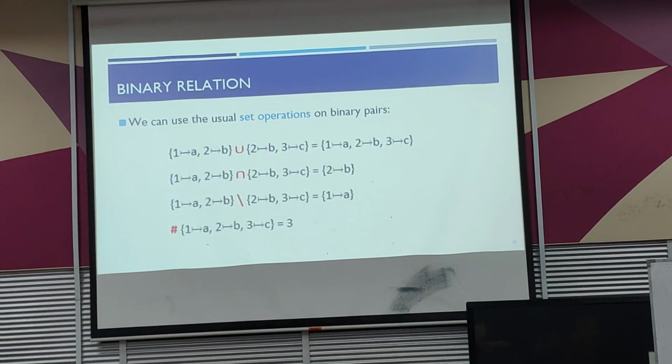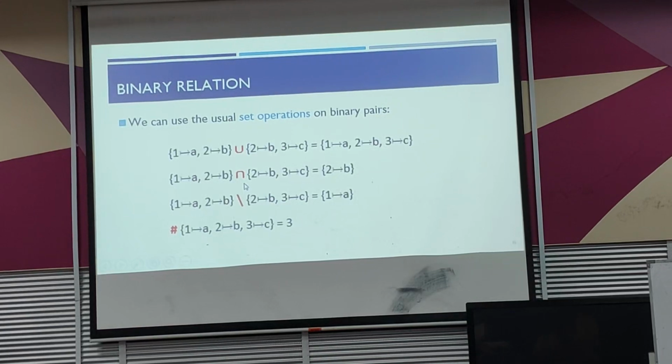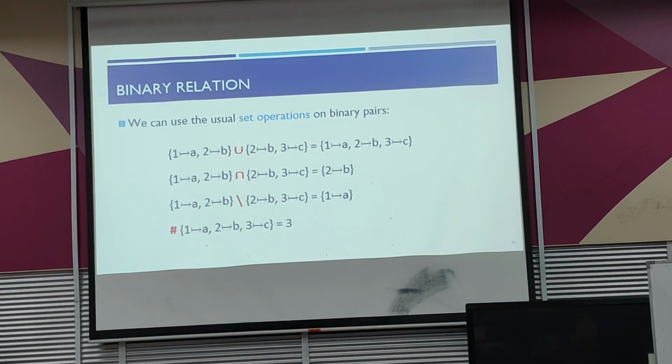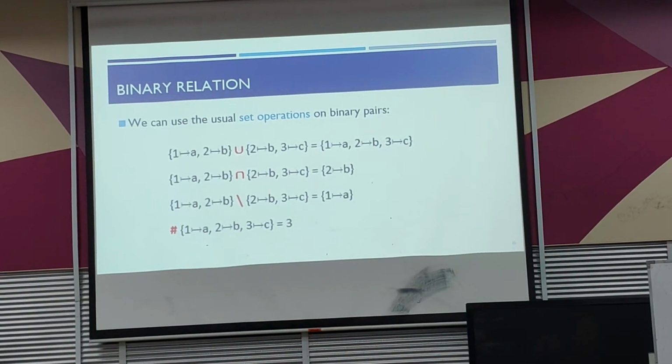You want to override or update, you use the override symbol, and so on. So these are the operations that you can do with your relation. You don't have to worry about whether we have other operators. No, you just use whatever you have learned previously, union, intersection, and so on, with your binary relation.